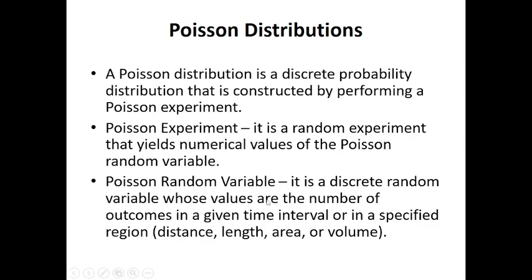So it concerns the number of outcomes in a given time interval or in a specified region. So that is a Poisson random variable.